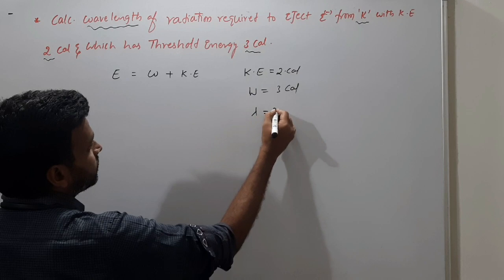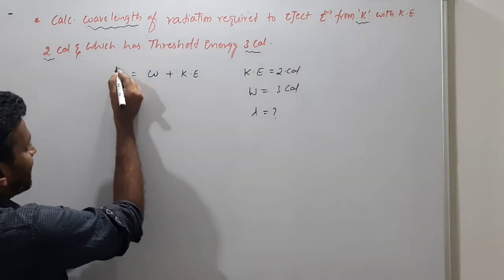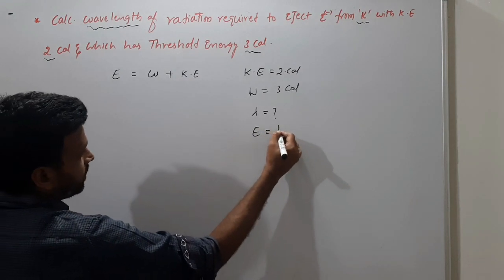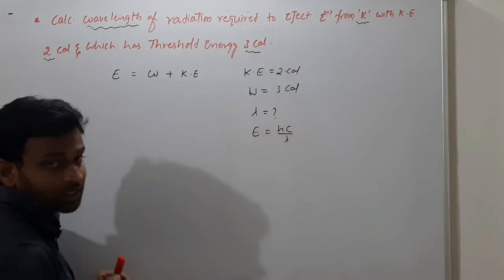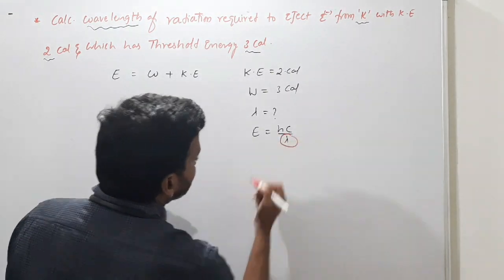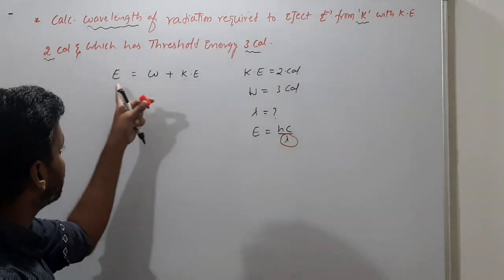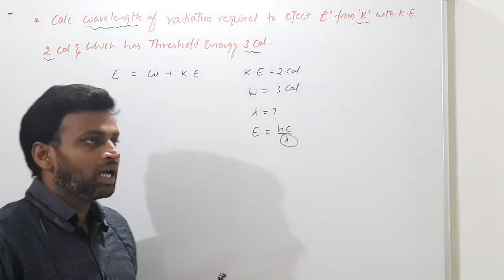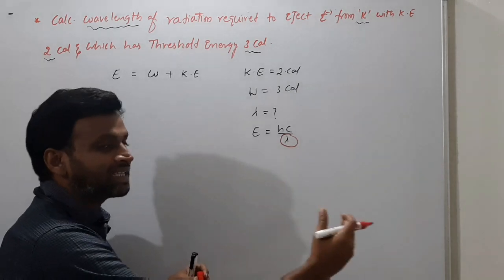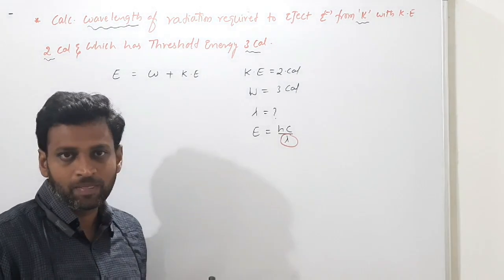So what is it asking? Lambda. In this energy, what is the formula? E is equal to hc by lambda, right? So you have to calculate lambda. First of all you have to find the energy, because radiation has energy, and with that energy you are sending that radiation through the metal surface.